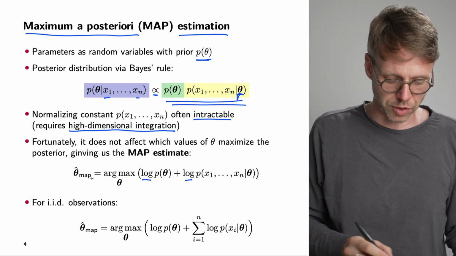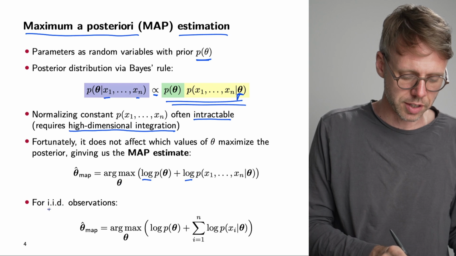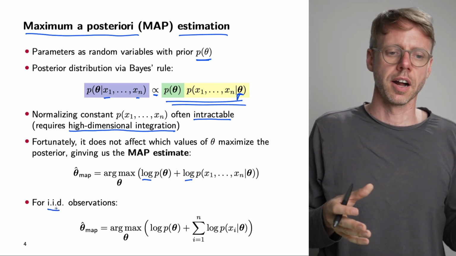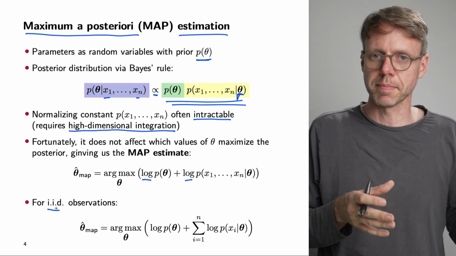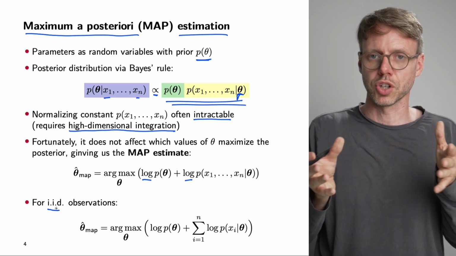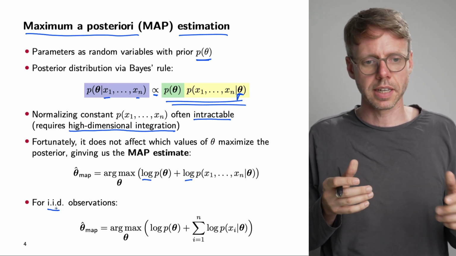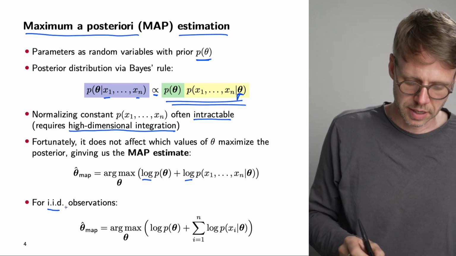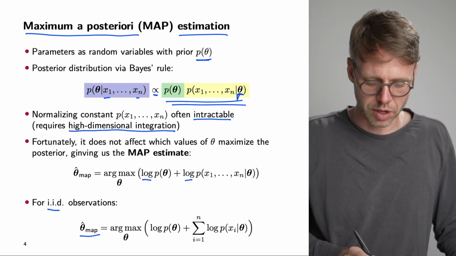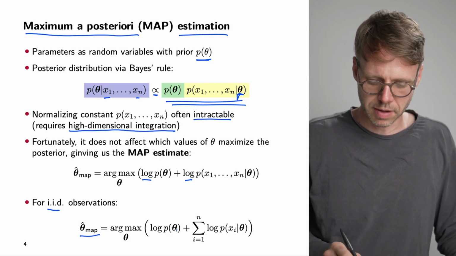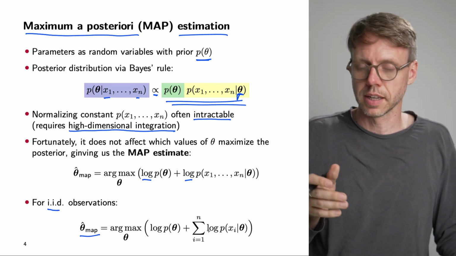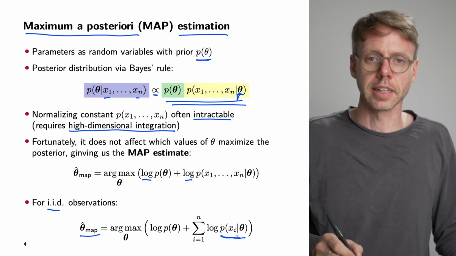Of course, for IID observations, so if all our x1 through xn are sampled identically, so from the same distribution, from the same likelihood, and independent of each other, identically and independently distributed, then the MAP estimate is the argmax of a log prior plus the sum over the log likelihoods of all of these data points where these are all identical distributions.